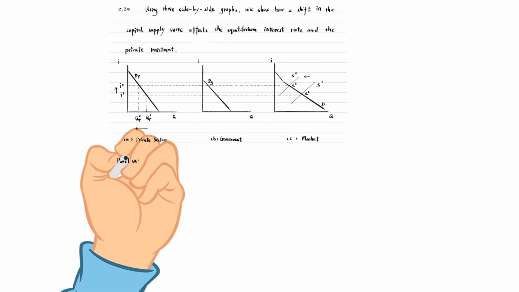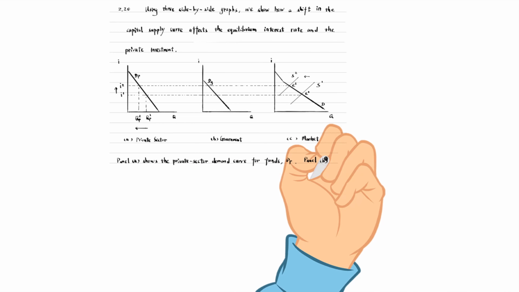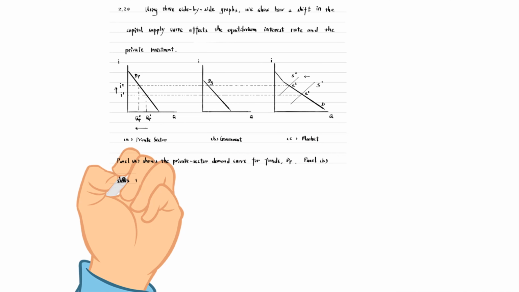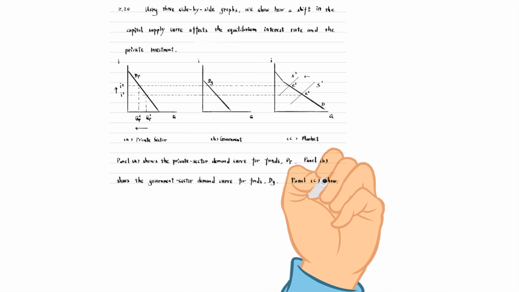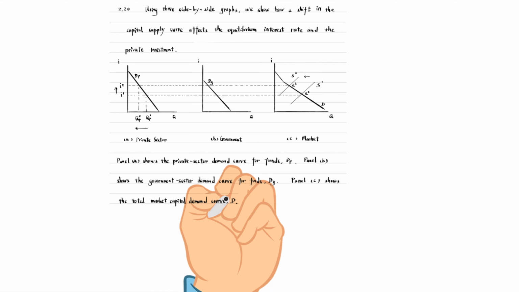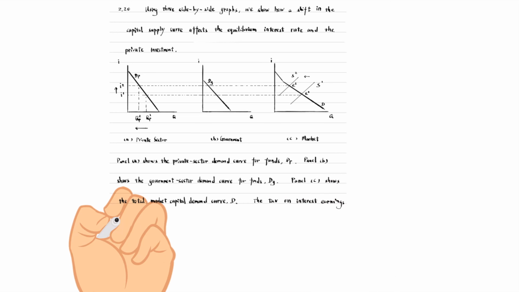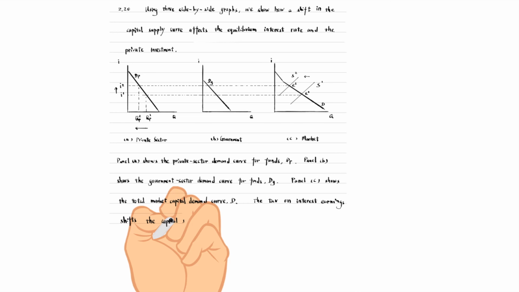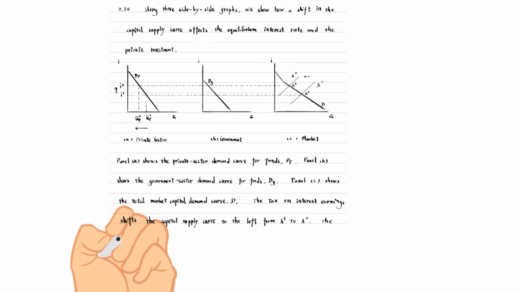Panel A shows the private sector demand curve for funds, DP. Panel B shows the government sector demand curve for funds, DG. Panel C shows the total market capital demand curve, D. The tax on interest earnings shifts the capital supply curve to the left from S1 to S2.